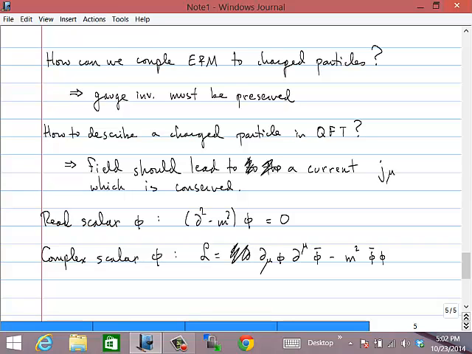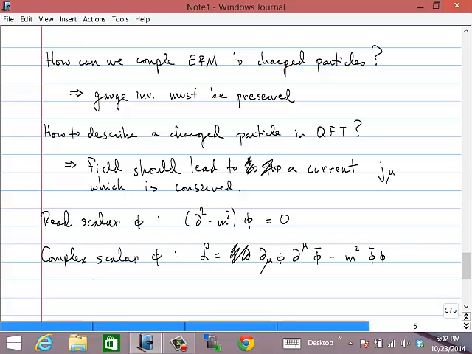But they're two real scalar fields which have the same mass. And because of that, there's a symmetry where you can rotate these two scalar fields into one another. Just like if the proton and the neutron have the same mass, and you forget about the fact that the proton has charge, you could think about the rotation, the symmetry that rotates the proton and the neutron into one another.